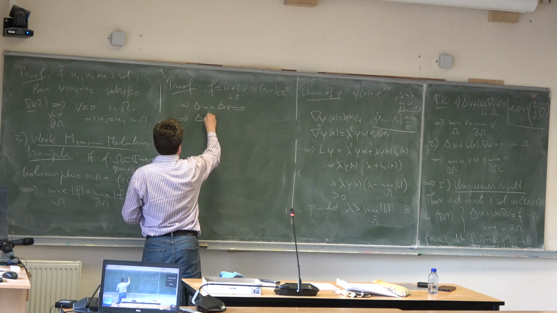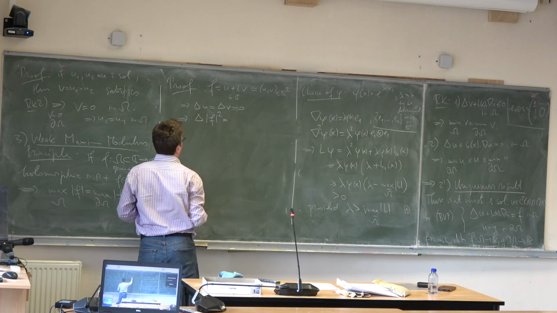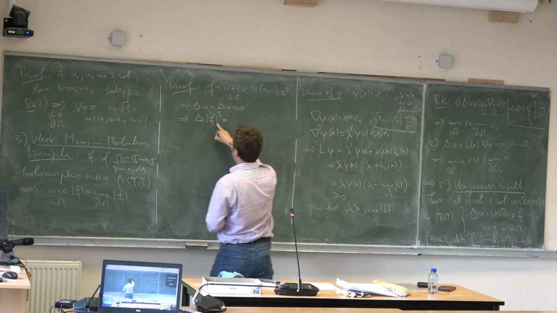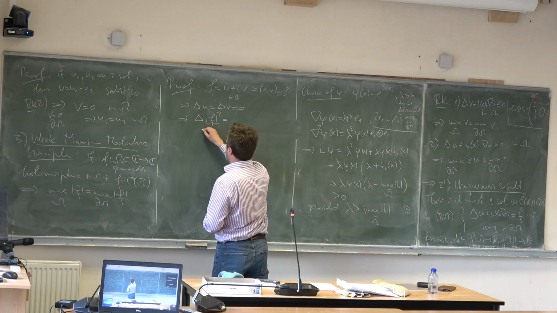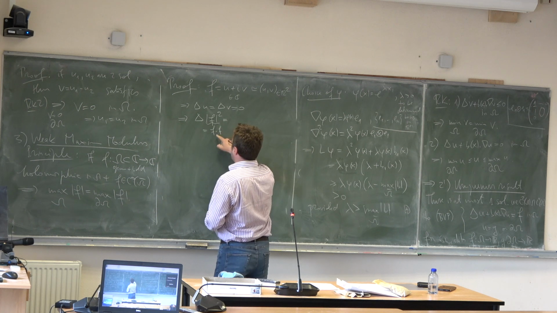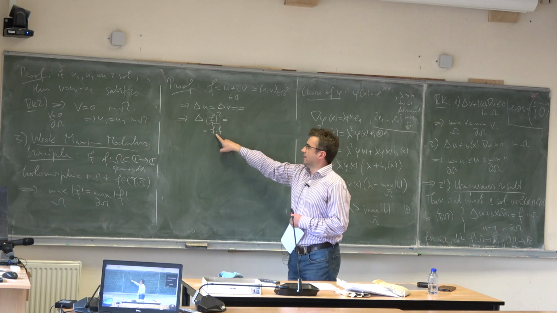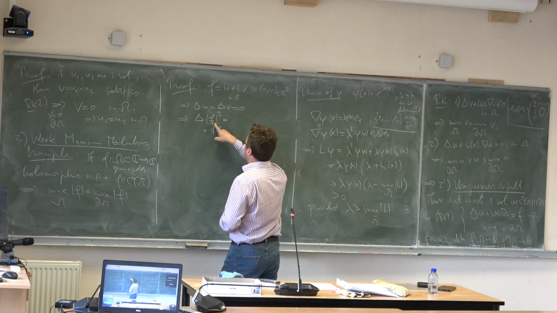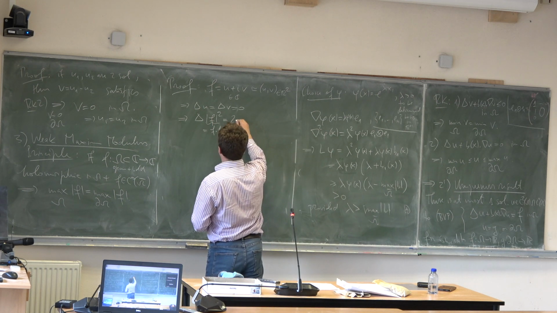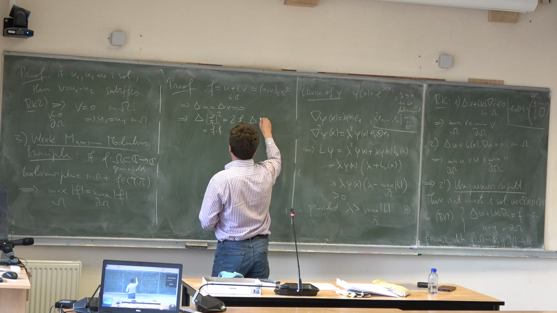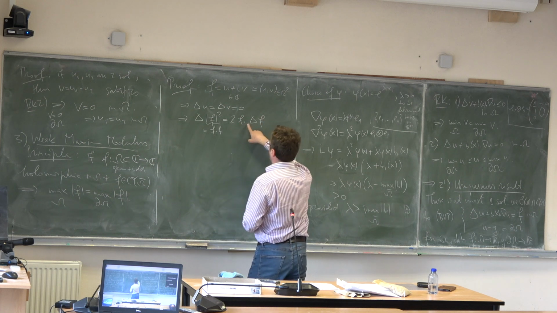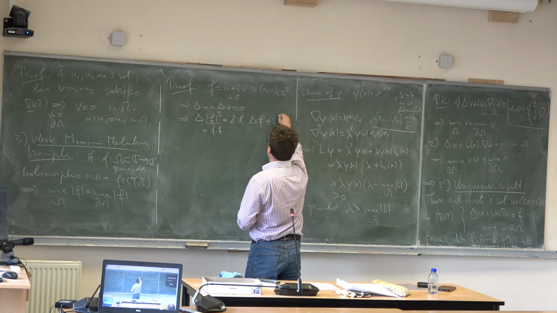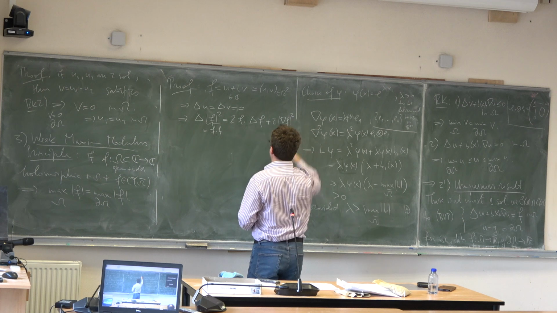And then when you compute the Laplacian of |f| squared, so now you will use the R2 scalar product, this is 2 times f, R2 scalar product, Laplacian f, plus 2 times |gradient f| squared.